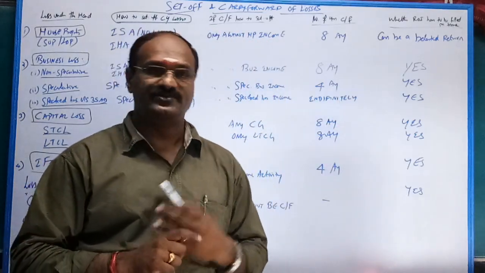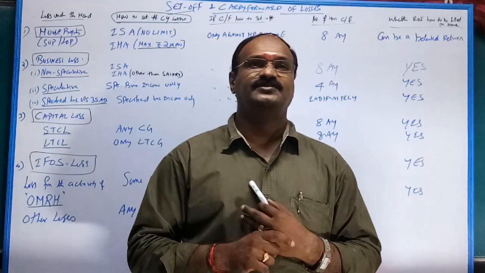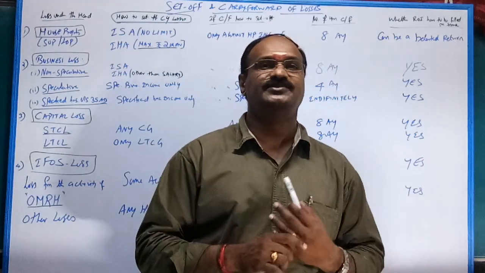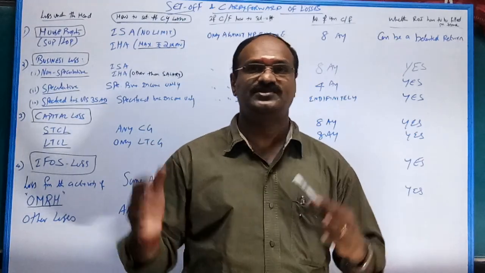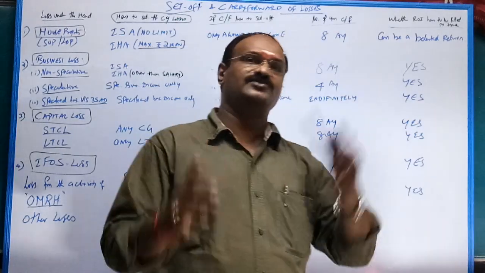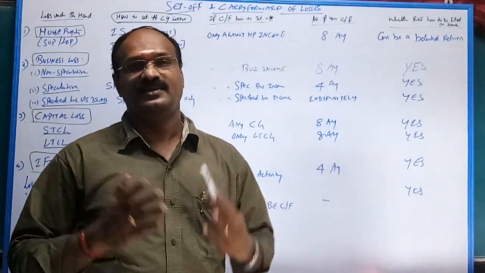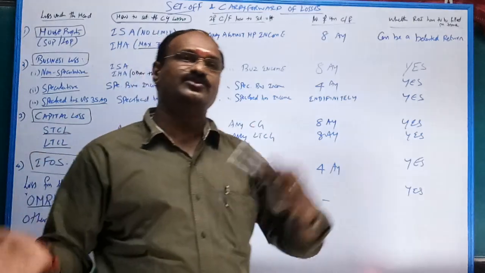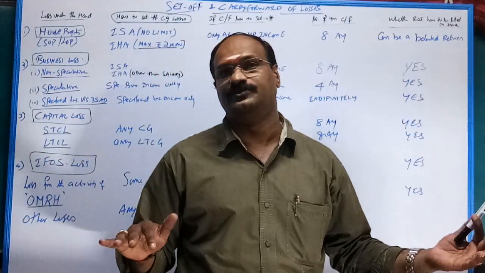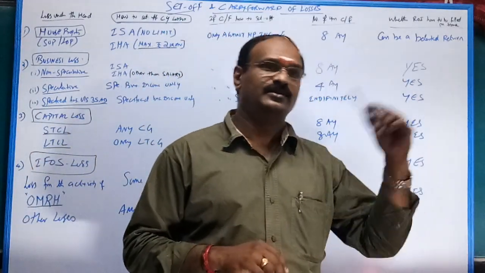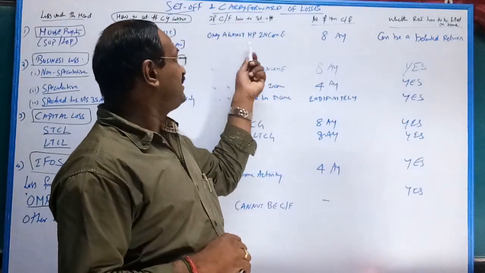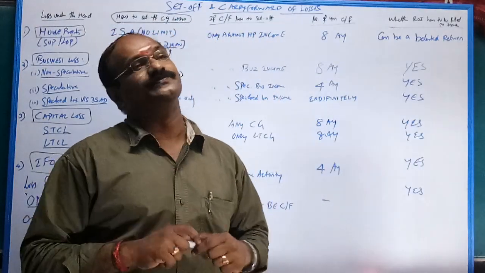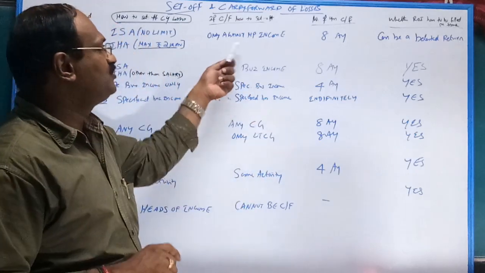Very important point. Once again, you have to remember that. Set off against any head of income is only for the current year. Once the loss is carried forward to subsequent years, it should be adjusted only against house property income.